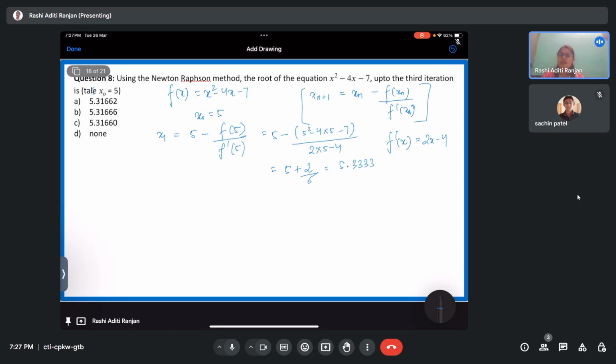It is mentioned in the question that I have to go up till the third iteration. So my x2 is going to be x1 minus f at x1 by f dash at x1. Now I have to compute both f at x1 and f dash at x1. So this will be 5.3333 minus (5.3333 square minus 4 into 5.3333 minus 7) whole divided by (2 into 5.3333 minus 4).